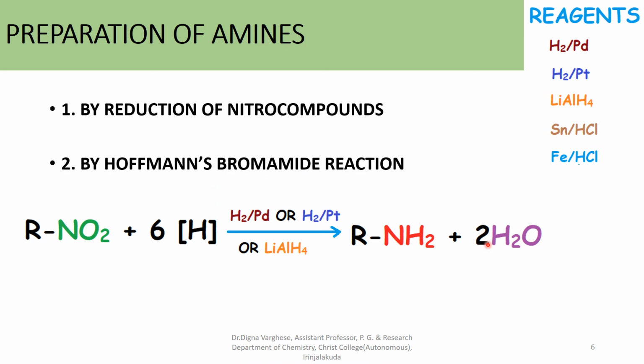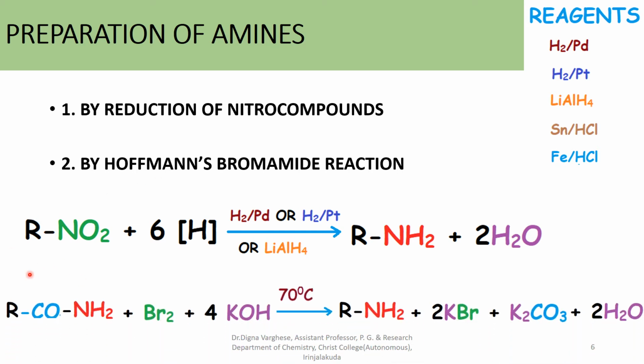And the second method for the preparation of amines is Hofmann's bromamide reaction. In this reaction, a general reaction scheme is given here, that is an amide undergoes Hofmann's bromamide reaction. The amide reacts with bromine in the presence of alkali at 70 degrees Celsius.